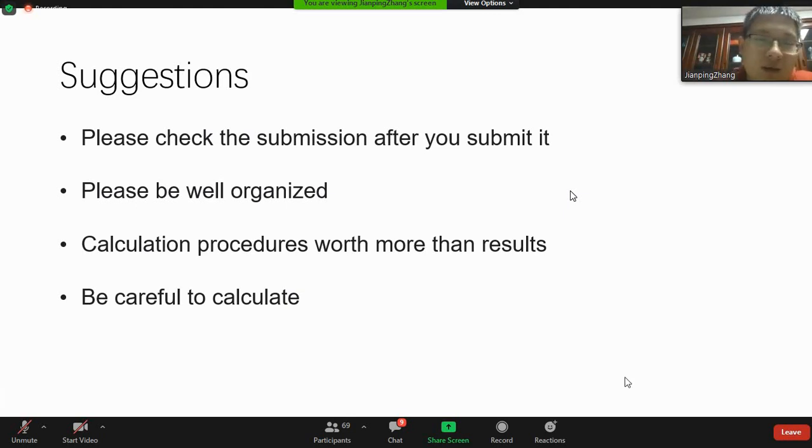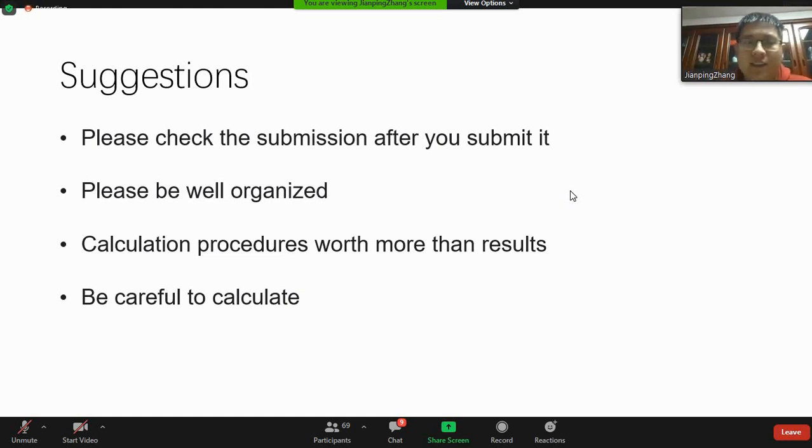After the first 2, the third suggestion is that calculation procedures are worth more than the results. I found some students just provide answers, like when calculating the determinant of a matrix, they only show the results and no procedures. So we don't know how they obtained the results, and we also cannot score this kind of assignment.